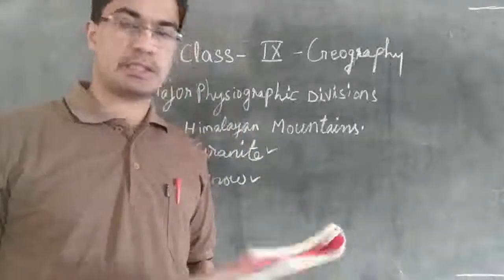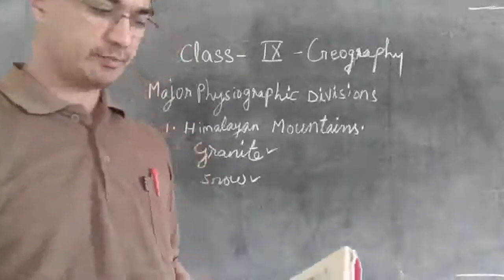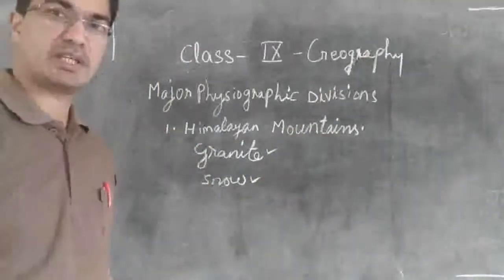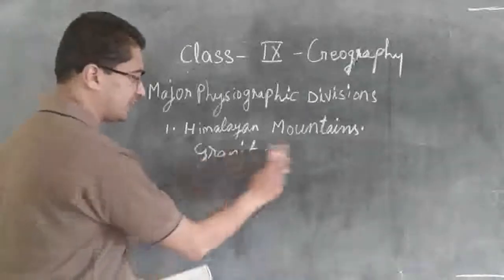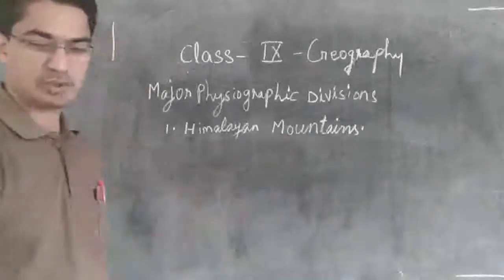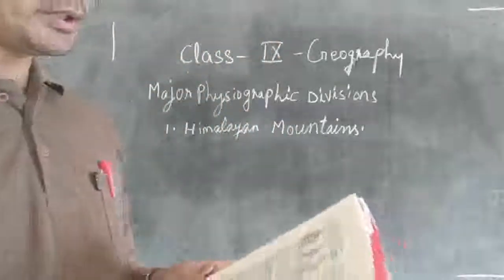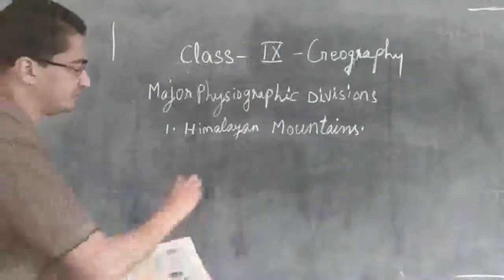Now let us come to the second range of Himalaya. Below the Himadri there is another range, the second one or the middle one, and that is called Himachal.